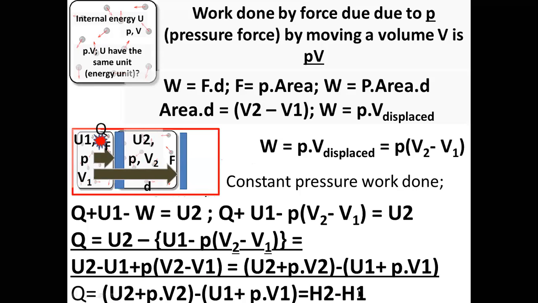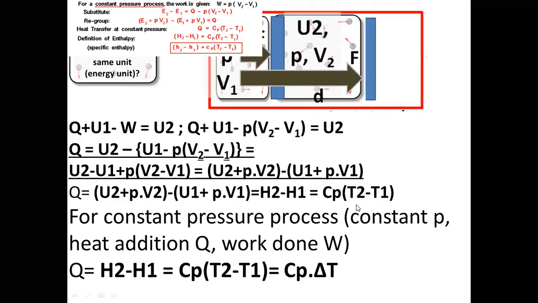That's how they are. Okay, Q becomes H2 minus H1, and this is Cp delta T. So Q is Cp delta T. Okay, good.